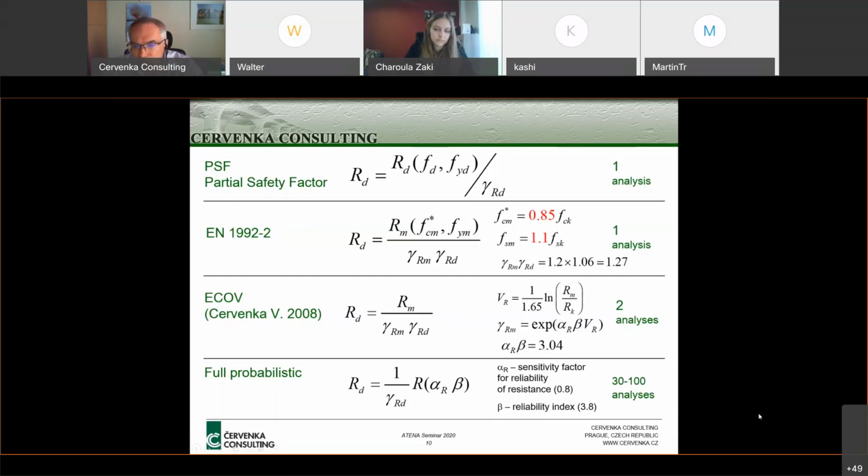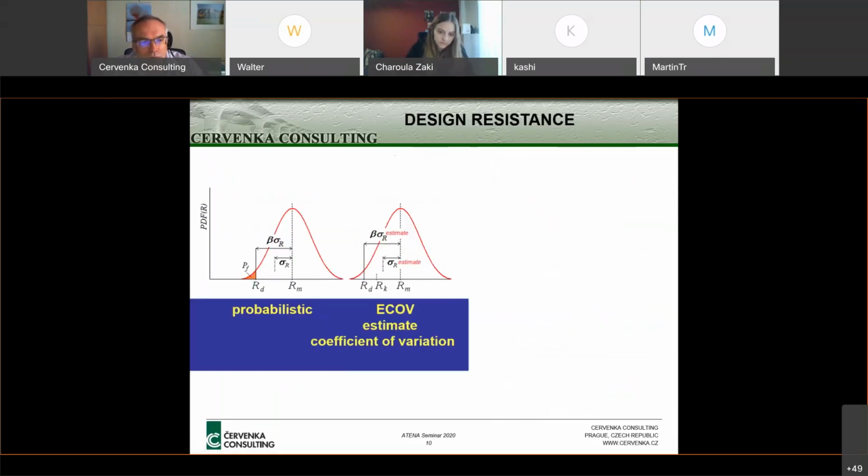And of course, the fourth method is the most accurate one, which is to make a full probabilistic analysis. So, let's look a little bit more closely. What does it mean in terms of probabilistic?